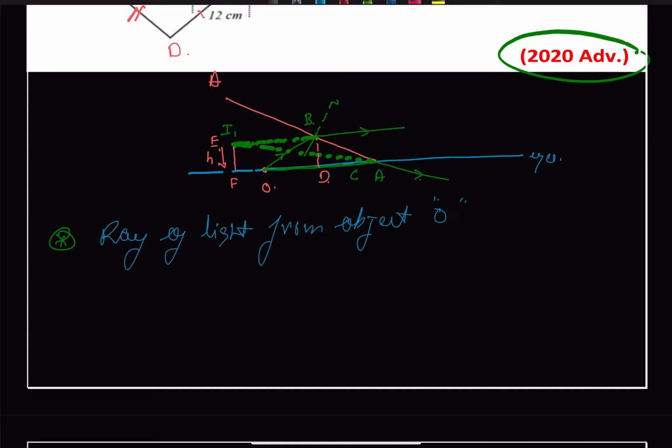So this is our point B, and ray of light is normal, so this is our angle of incidence, and it refracts this way, and this we get our angle of refraction. Okay.